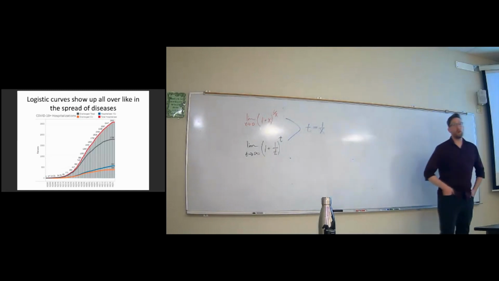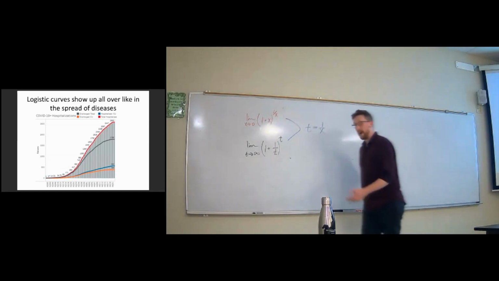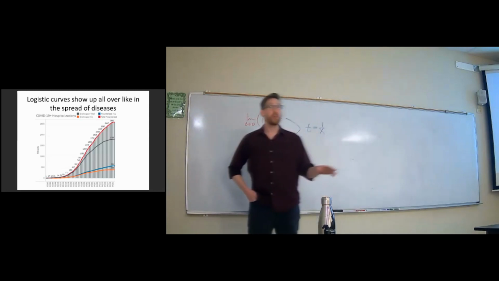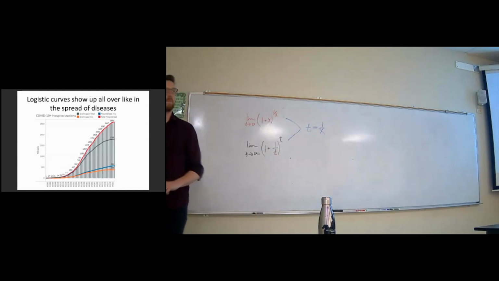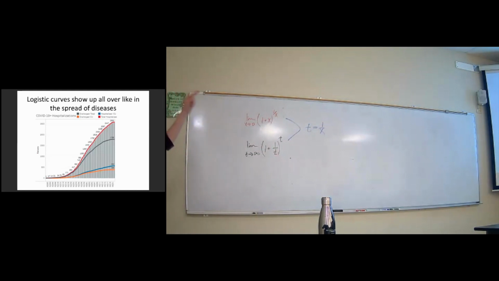So as an example of why you should give a damn about this class or any math class, this is literally dominating your life right now. This one function has dominated the last year and a half. It is why India is finally starting to see their rates tamp down a little bit.